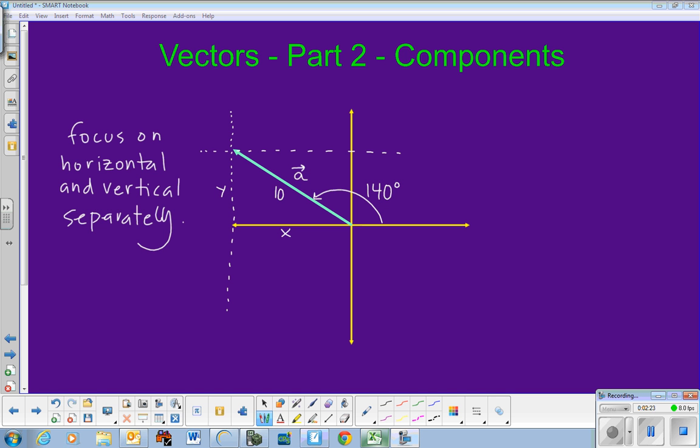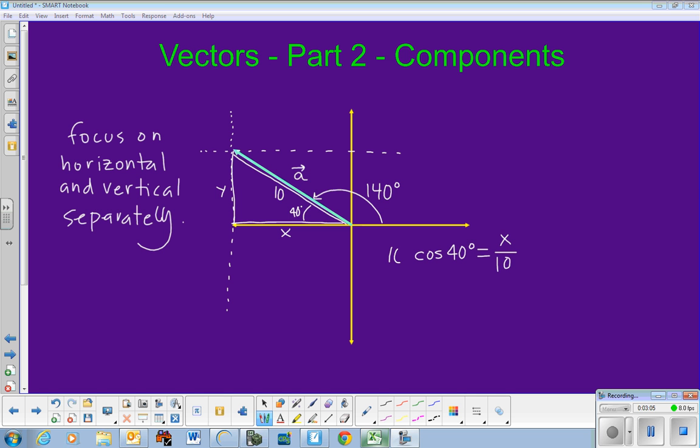So let's talk about how far left we are first. What you need to realize about the horizontal part is left is negative, right's positive, as you would probably guess, just like a number line. If you make a little right triangle here, the x is always going to use the cosine. If we were going strictly by the right triangle, I would say this is 40 degrees, and that x equals 10 times the cosine of 40, because the cosine of 40 degrees equals adjacent over hypotenuse, which is x over 10.